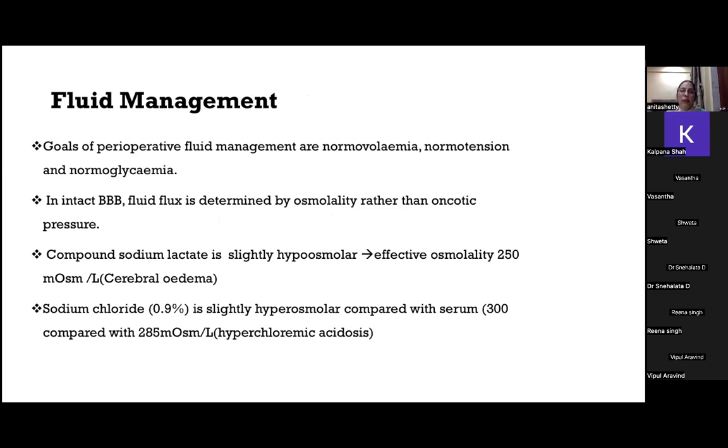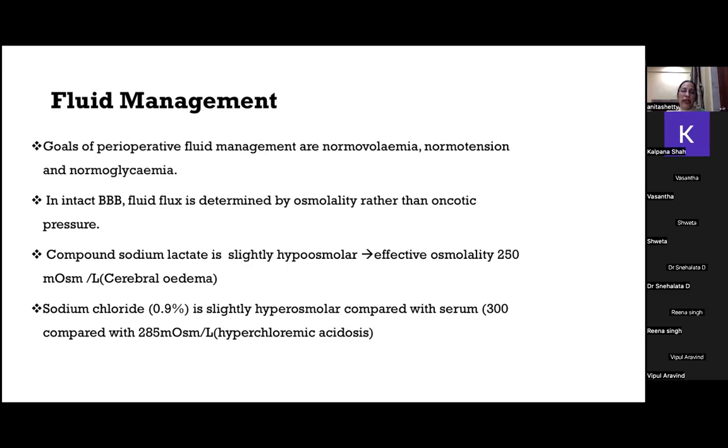In the intact blood-brain barrier, the fluid flux is determined by osmolality rather than osmotic pressure. As we all know, compound sodium lactate is slightly hypoosmolar. The effective osmolality is 250 milliosmoles per liter, so too much sodium lactate can cause cerebral edema.